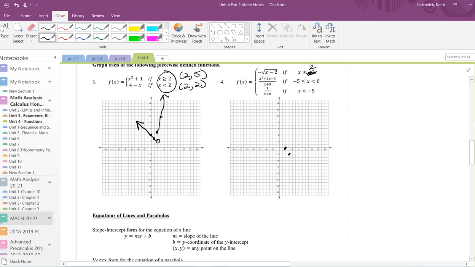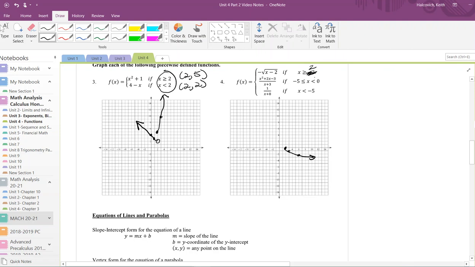If I put 6 in, 6 minus 2 is 4, the square root of 4 is 2, and then negative, so 6 would be negative 2. Notice I keep putting the y values in the wrong spot. So notice the square root function goes like that.